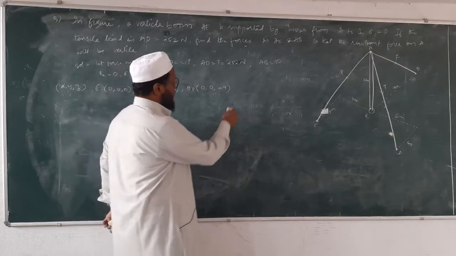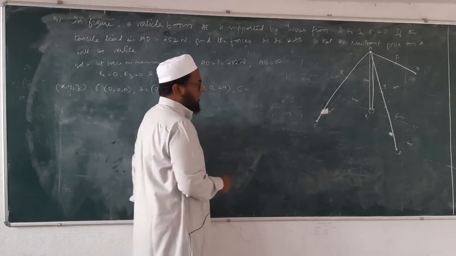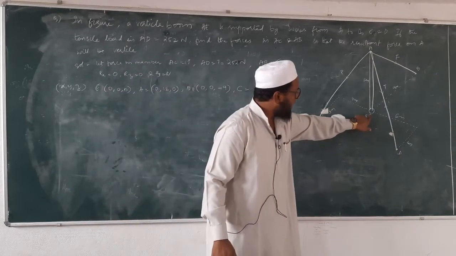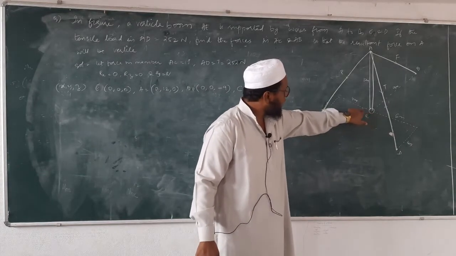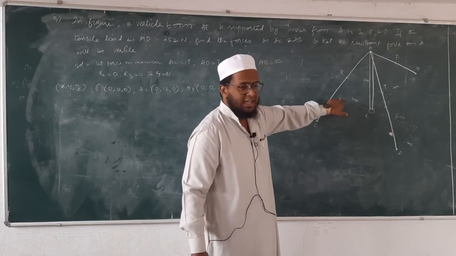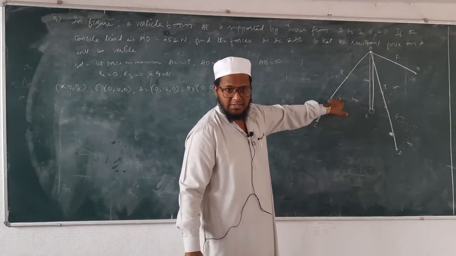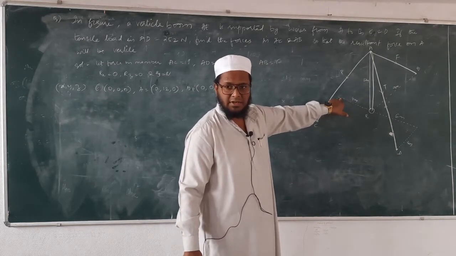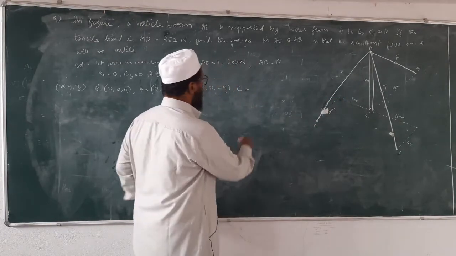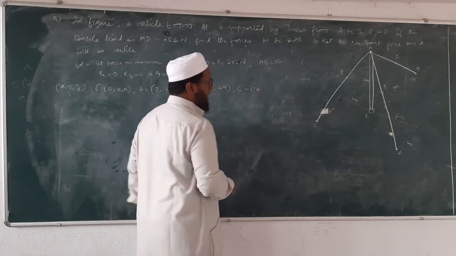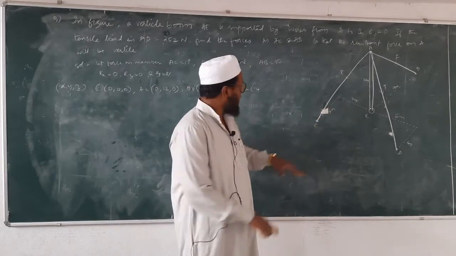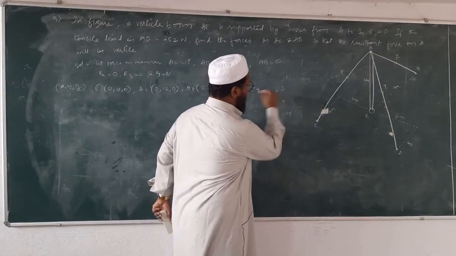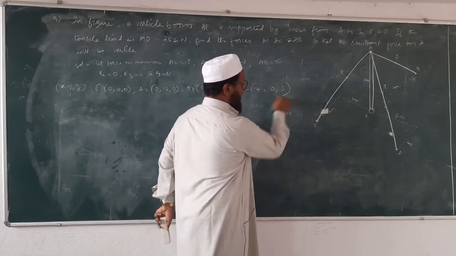We'll move to C. Tell me where is C? I have to move from E. I am moving from E on which axis? The x-axis. Positive or negative? Negative. So minus 4, and I am moving again on the z-axis. So this is minus 4, 3 and 0.